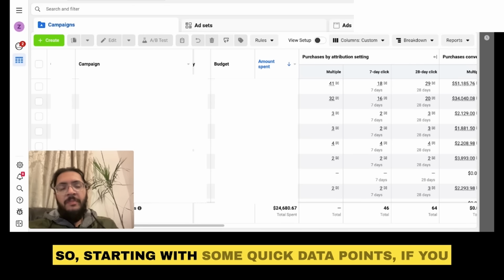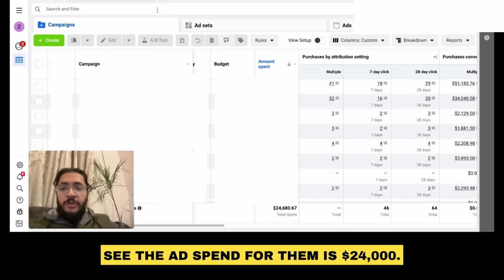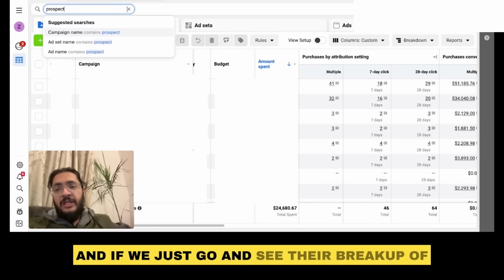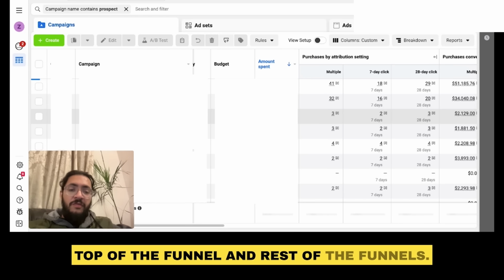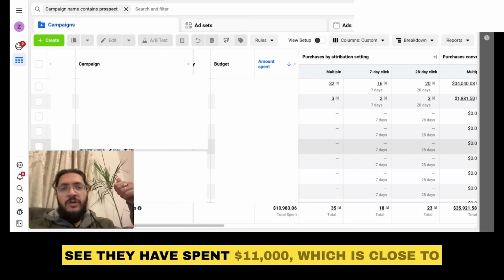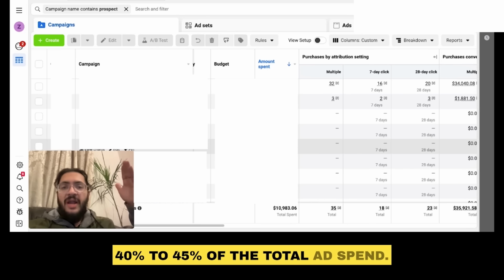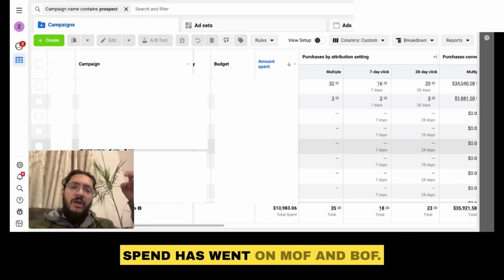So starting with some quick data points, the ad spend for them is $24,000, and if we just go and see their breakup of top of the funnel and rest of the funnels, in the top of the funnel you would see they have spent $11,000, which is close to 40 to 45% of the total ad spend. Now the rest 55% of the ad spend has gone on MOF and BOF.